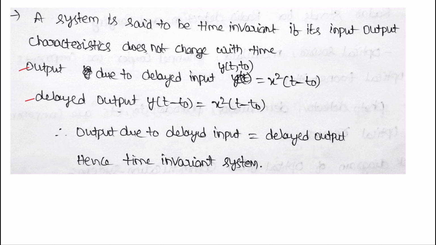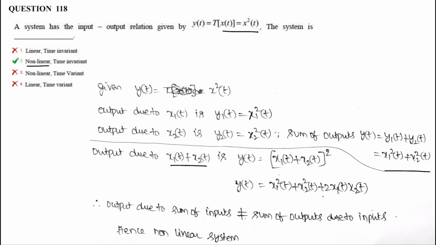The output due to delayed input is same as delayed output, hence it is a time invariant system. In the question, the given system x square of t is a non-linear time invariant system.